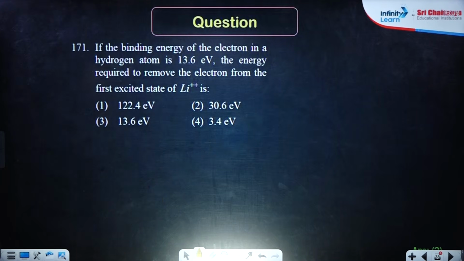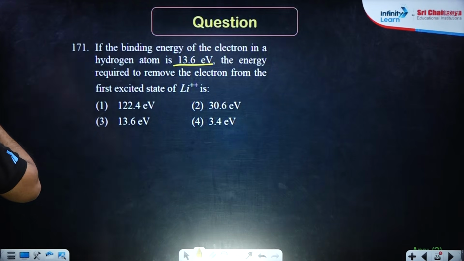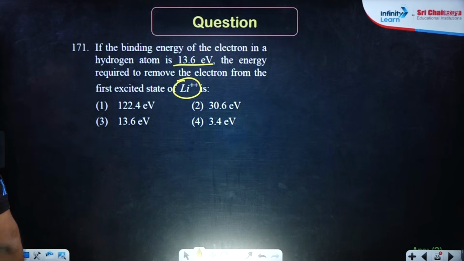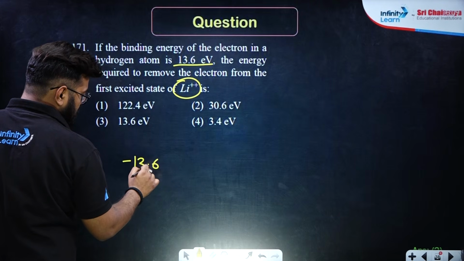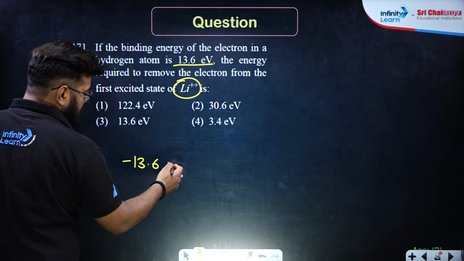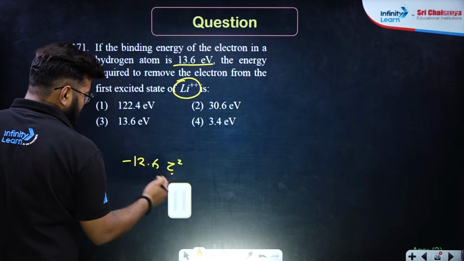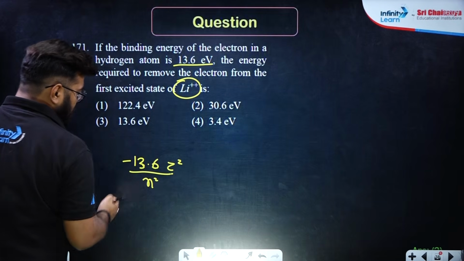Okay, let's move ahead. If the binding energy of an electron in hydrogen atom is 13.6 eV, the energy required to remove the electron from first excited state of Li2+ is. So from Li2+, what is the energy required to remove from the first excited state? Now see, whatever is the energy of hydrogen, minus 13.6 Z square by n square.